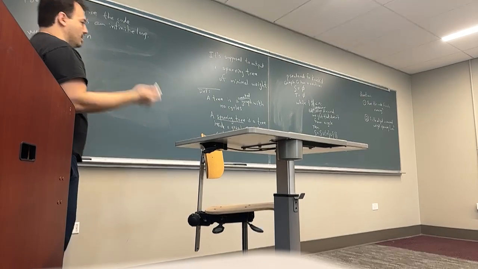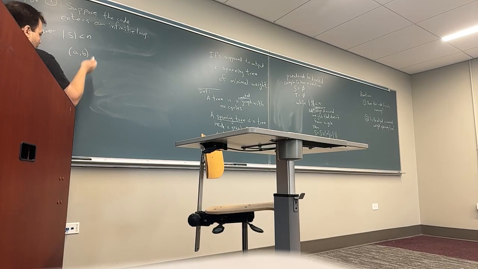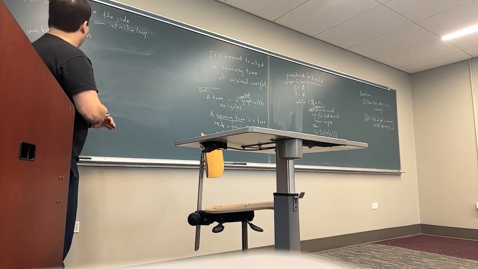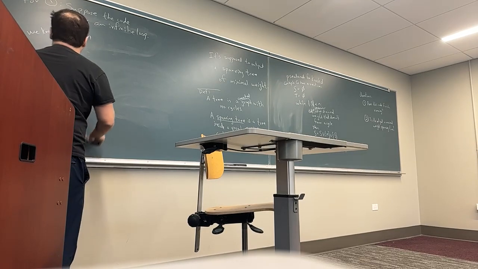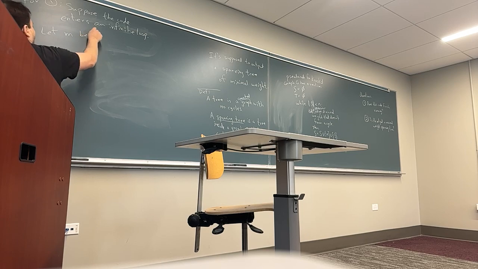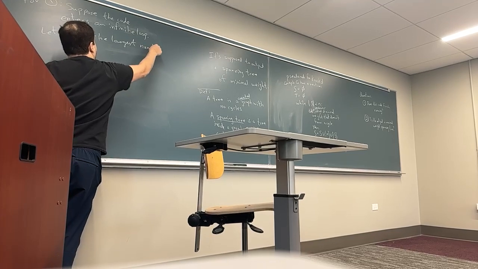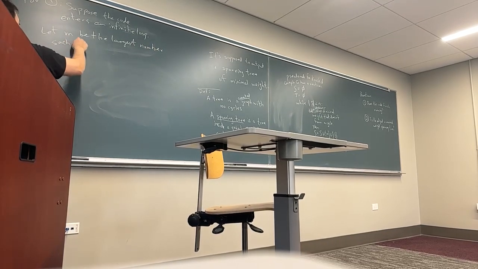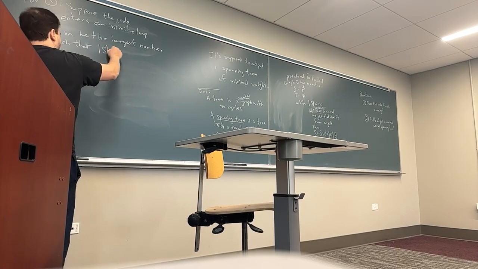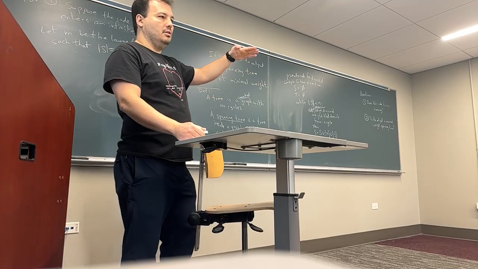And somehow it's not adding vertices, right? So when you consider edges, the only way this stays put, so okay, let's see. We can say let M be the largest number such that the size of S is M. Okay, so you keep running that, and at some point it gets stuck, right?